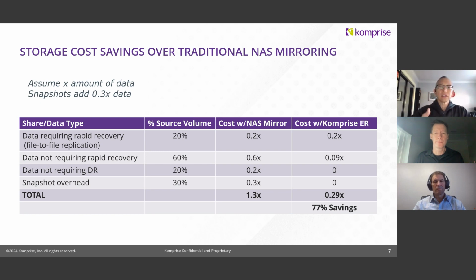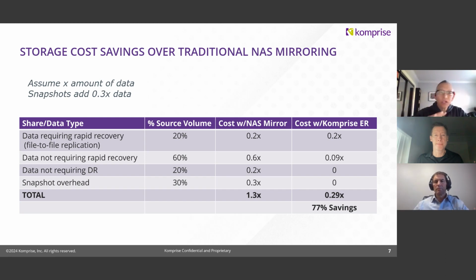Whereas with Komprise, we can help you make replication copies of those files in object storage, whether on-prem or in the cloud. And as you all know, object storage is very, very much cheaper than file storage, especially files in the cloud. So we've got a number there of about 0.09x for the low cost of replicating all that other unstructured, non-mission critical data to the cloud.